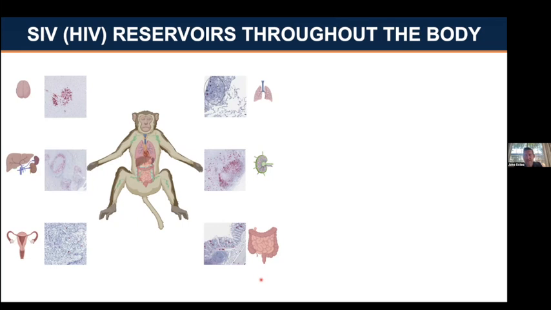That is correct. I mean, it's a daunting number, but I think knowing the extent of this particular viral reservoir is important in order to understand what the delta is necessary in order to have effective elimination and or effective control of these viral reservoirs.